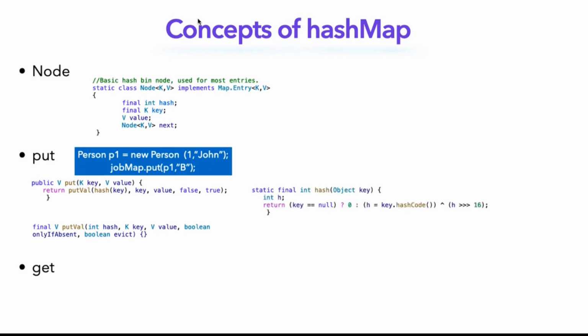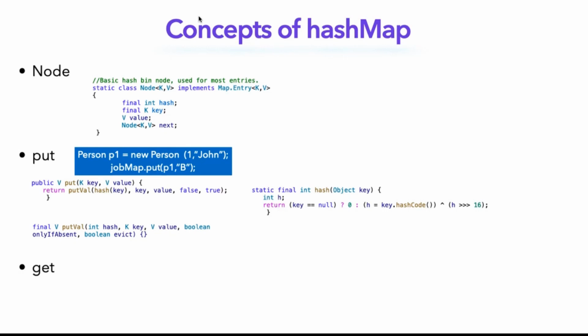putVal also uses the hash method. The hash function is computed using key.hashCode and it spreads the XOR of higher bits of the hash to lower. Because the table uses power of 2 masking, sets of hashes that vary only in the bits above the current mask will always collide. In such scenarios, a red-black tree is used to handle large sets of collisions.